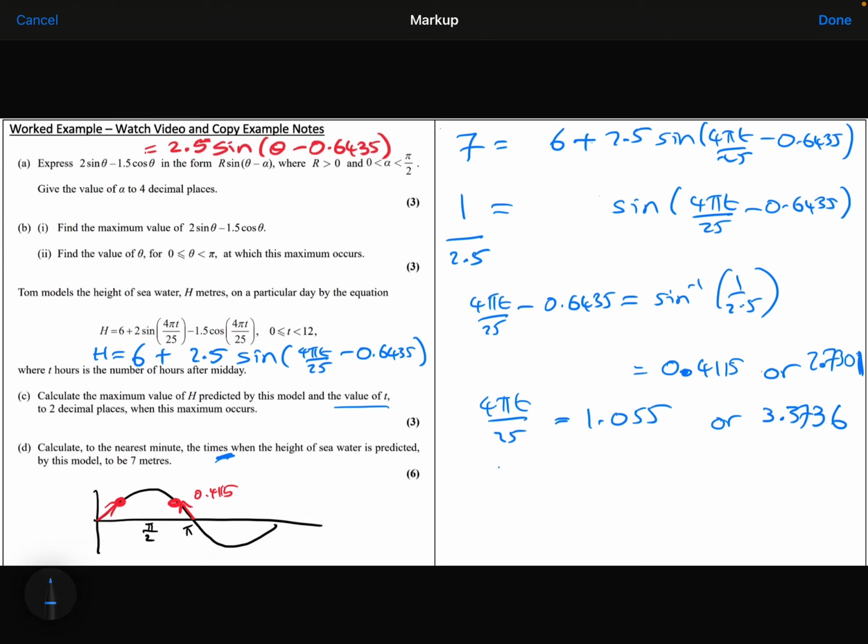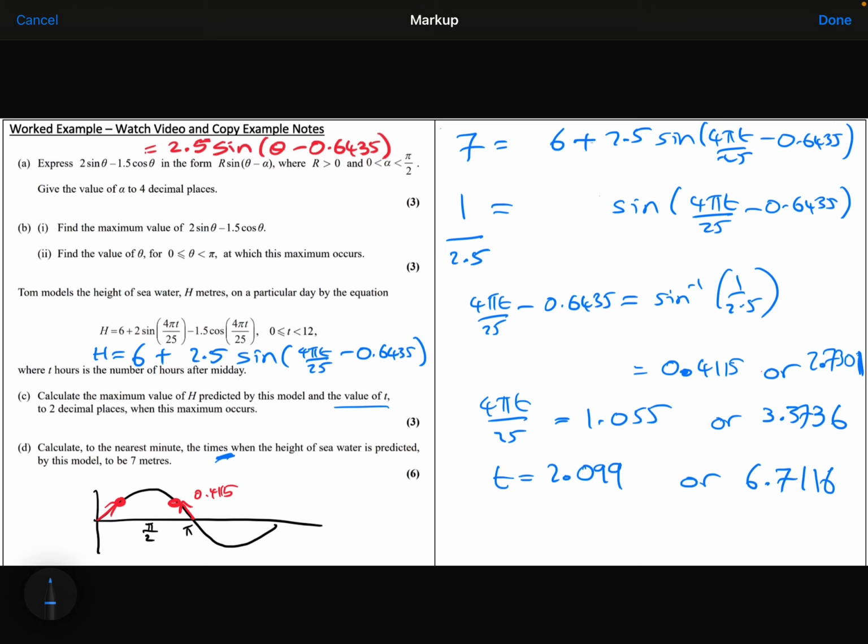So let me do that all in one go. So timesing by 25, divide by 4 pi. So my first answer is 2.099 hours, or the second answer is 6.7116. Those are the values of t.